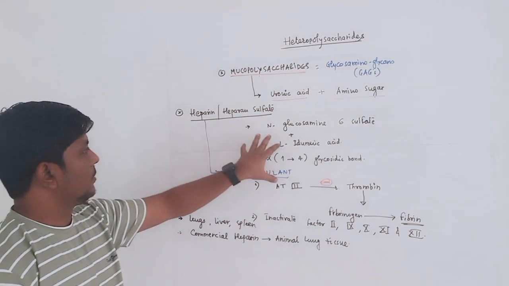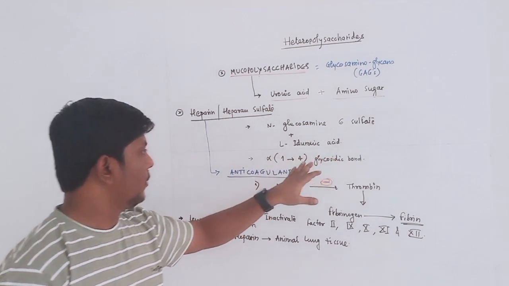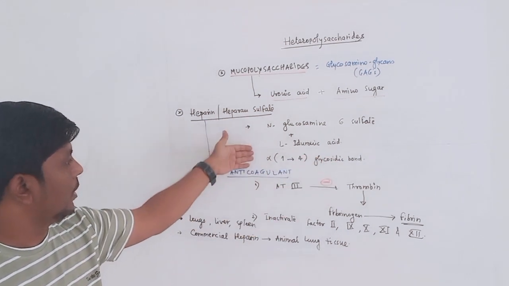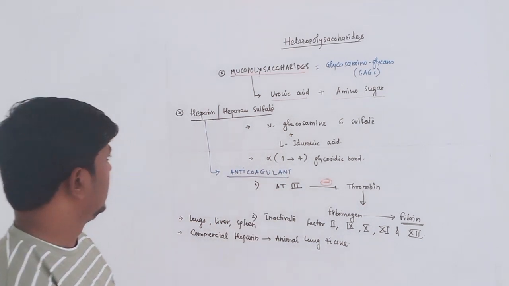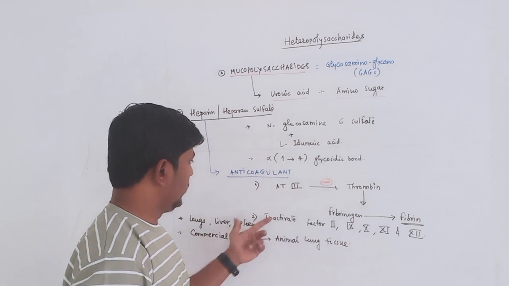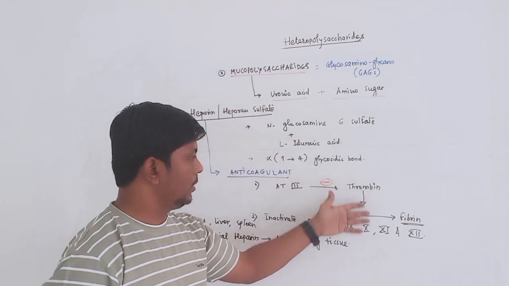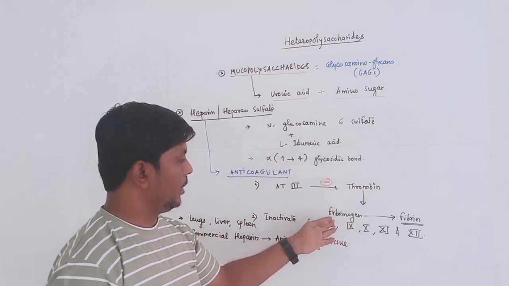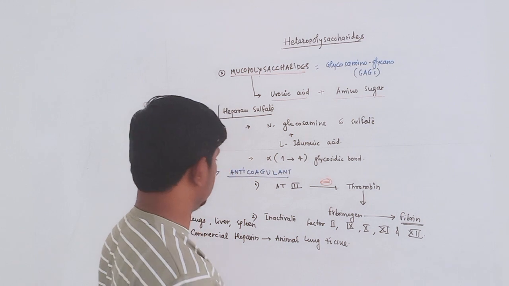So what is heparan sulfate? It consists of N-glucosamine 6-sulfate with hyaluronic acid, and these two molecules are linked together with the help of alpha-1,4 glycosidic bond. Heparin acts as an anticoagulant in two ways. It activates antithrombin 3, which inhibits thrombin. By inhibiting thrombin, it inhibits the formation of fibrin from fibrinogen.